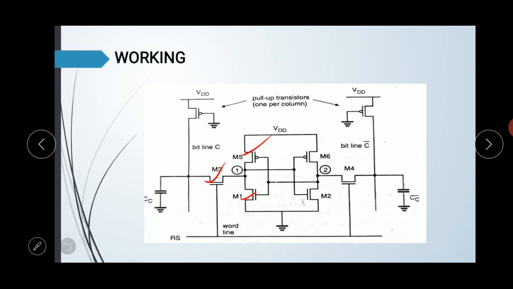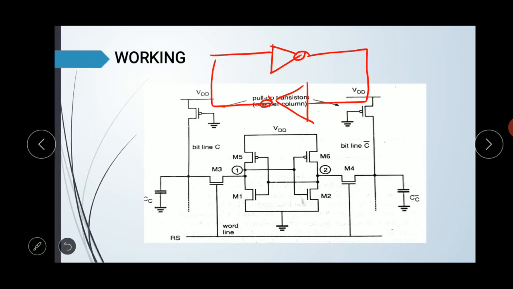So this part is the memory part. Here we use 2 inverters back to back. If we use NOT gates, then it looks like this. This internal part looks like this.